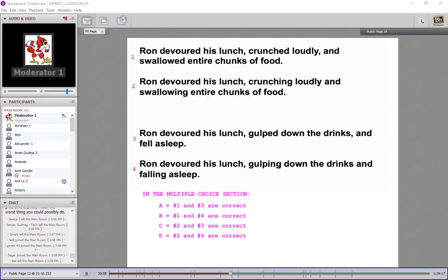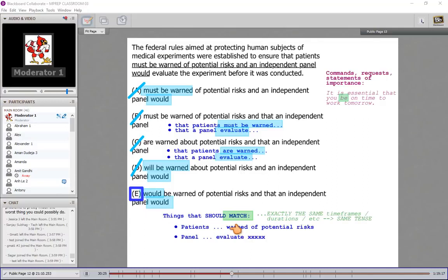When we talked about this problem, notice this word that we wrote: the word should.